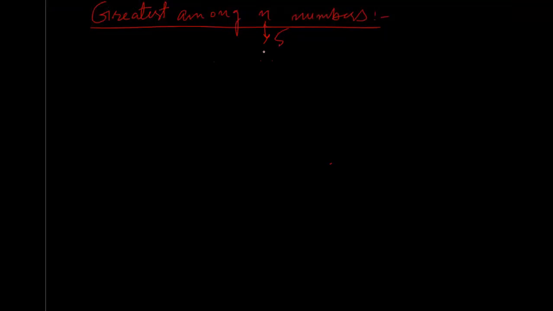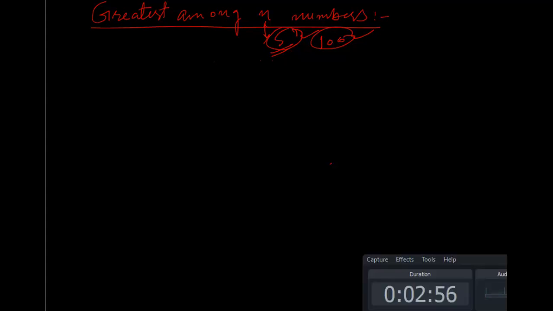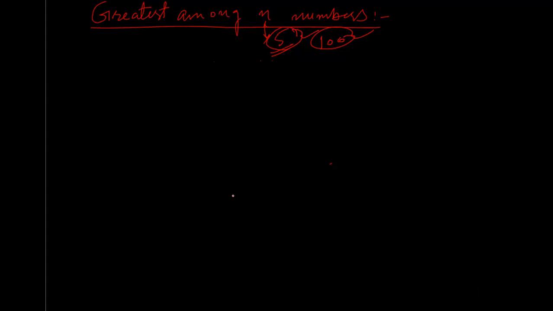If I am able to find greatest among five numbers using only two variables, you can find greatest among any number, even 100, and then it is also possible to find greatest among 1,000 numbers.